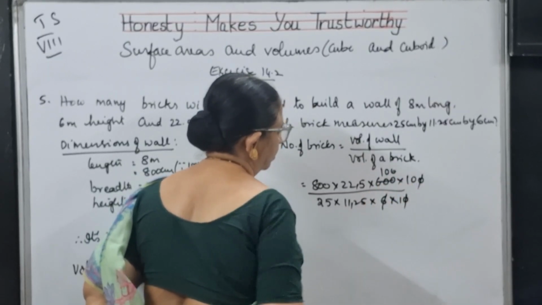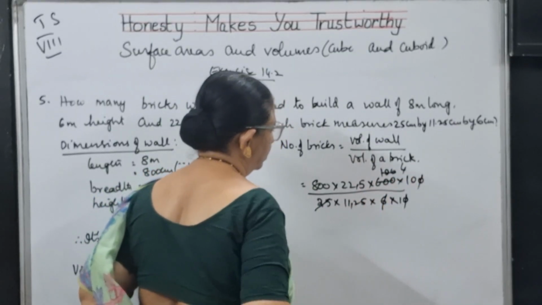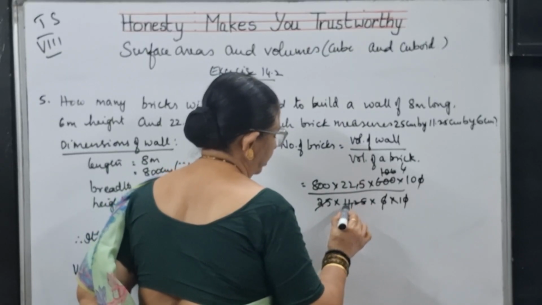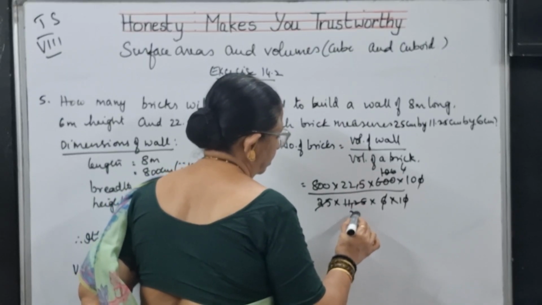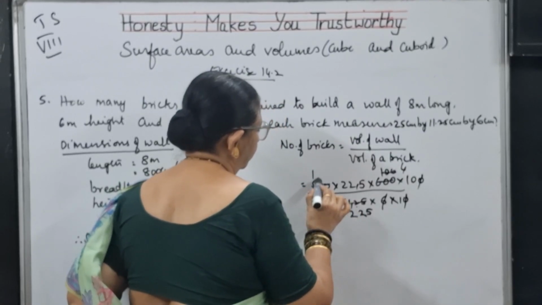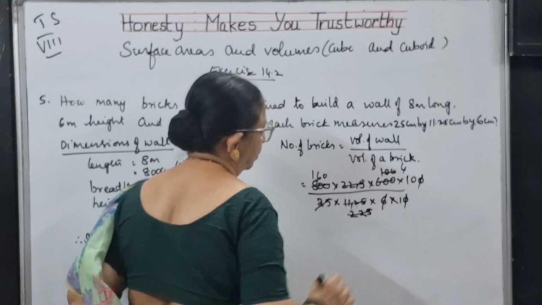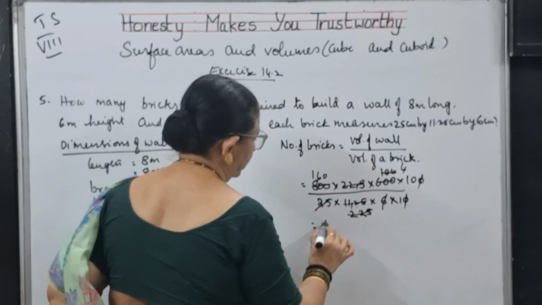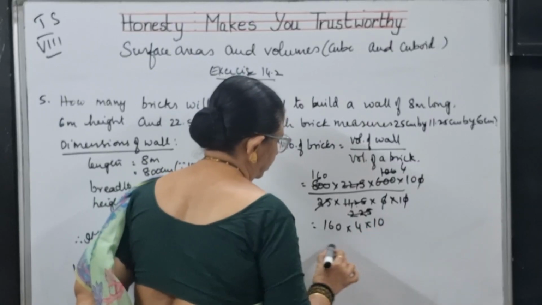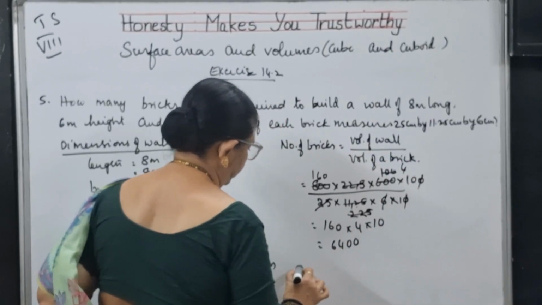Of course, 0 and 0 will get cancelled. 25 fours are 100, and let us see, the 25s will get cancelled. So you are getting 160 into 4 into 10. 16 fours are 64, 6400 bricks.